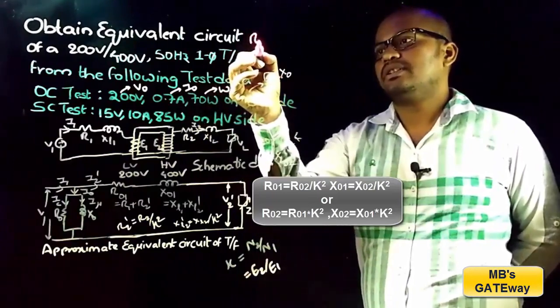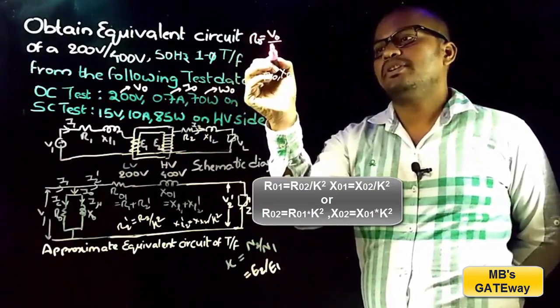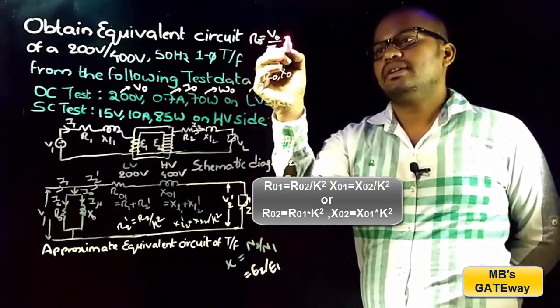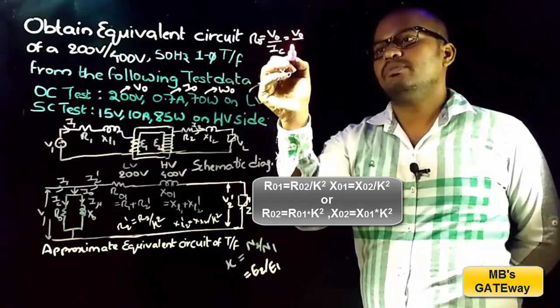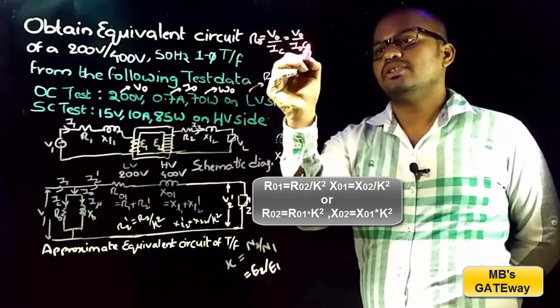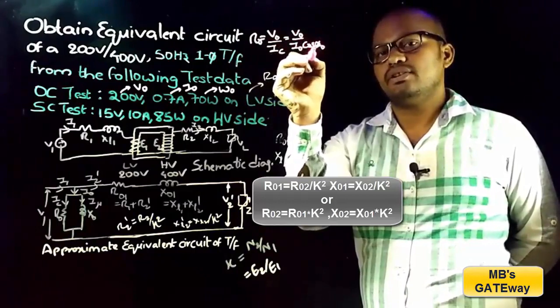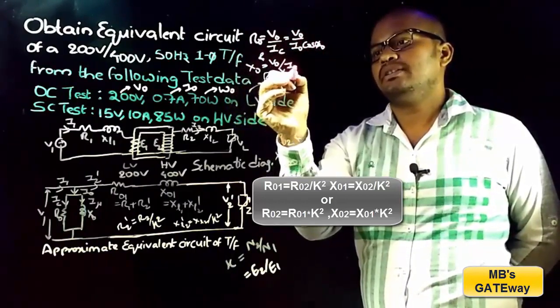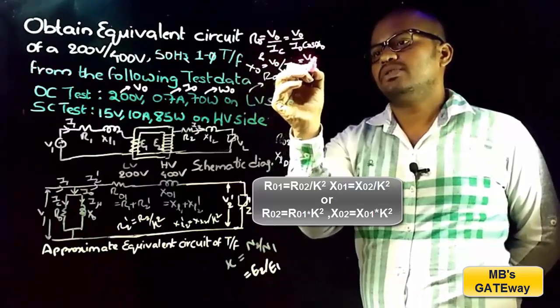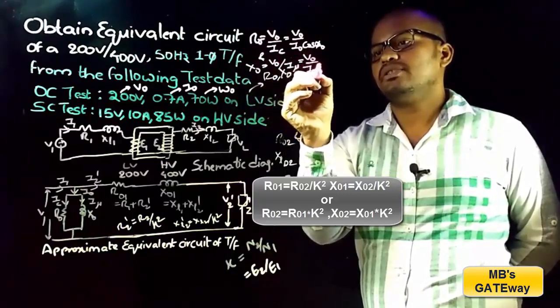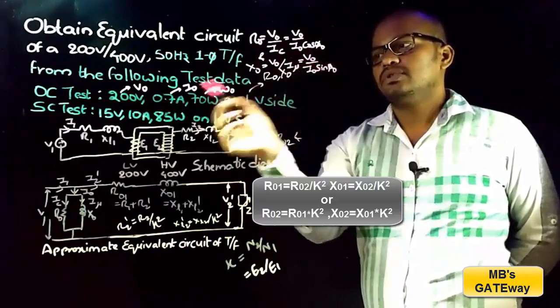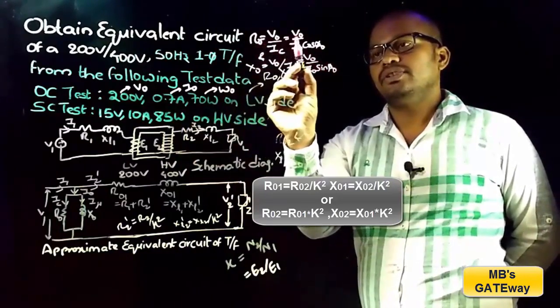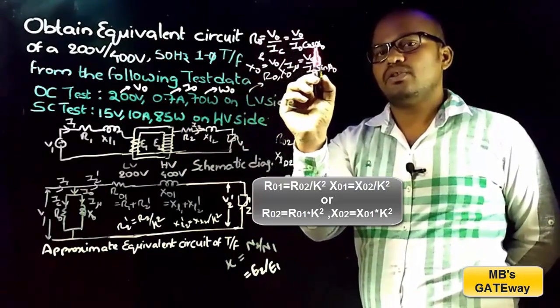And it is known that R0 is equal to voltmeter reading by IC, which is V0 by IC, where IC is no load current I0 into cos phi 0, and X0 is equal to voltmeter reading by I mu, that is V0 by I mu, where I mu is I0 sin phi 0. So to find R0 we need to know V0, I0 and cos phi 0.